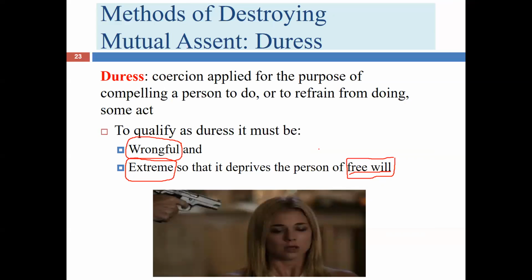A way that I would have free will, for example, would be when I drive to work. I can go down Coit Road, or I can go down Preston Road to get to my office. I get to choose which one makes sense to me. That would be an example of free will.